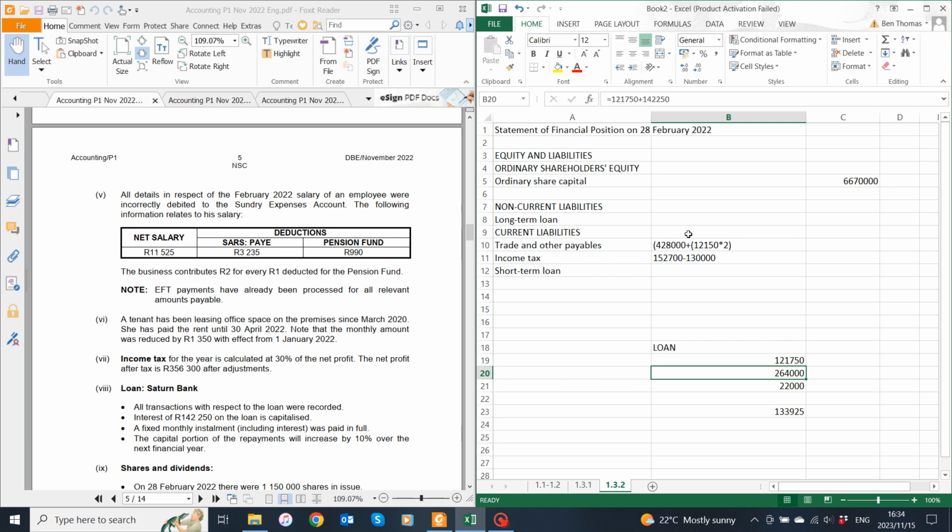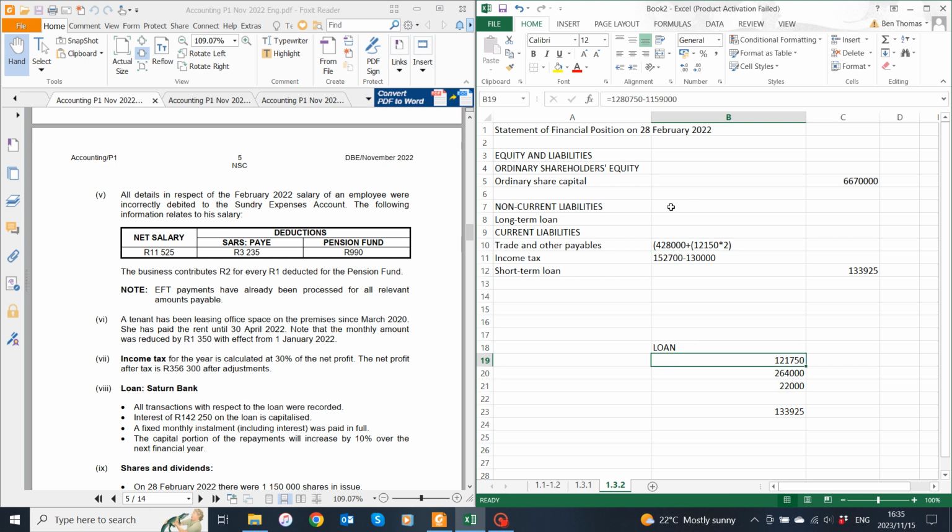So if we want to enter these amounts, you should know your short-term loan is equal to what you're going to pay back within the following 12 months. So our answer here is going to be 133,925. And our long-term loan, guys, is going to be the balance, how much was it? 1,159,000?